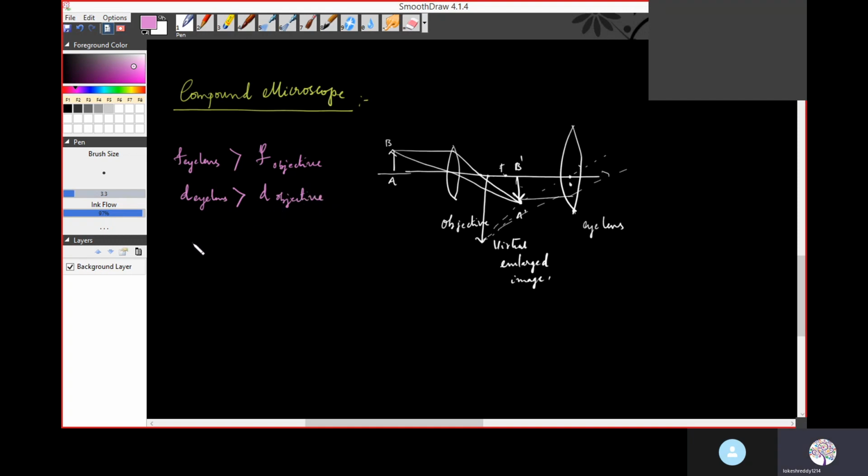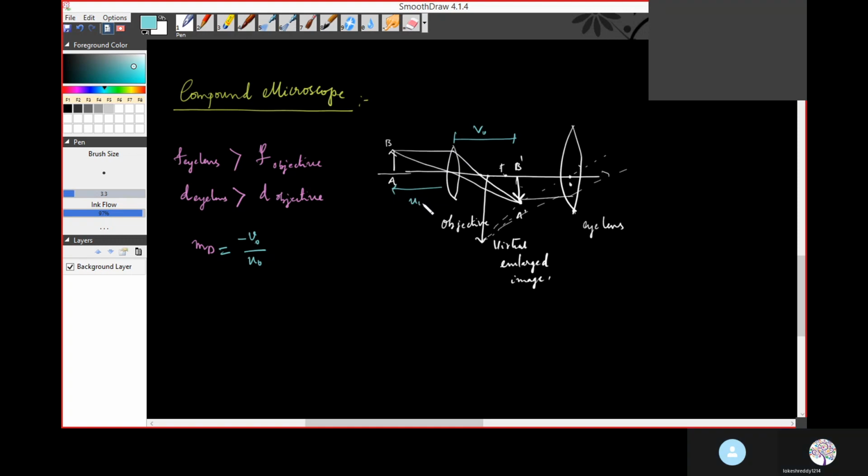If the final image is forming at the least distance of distinct vision, the magnification is minus V naught by U naught, where V naught is the image distance from here to here and U naught is the object distance.